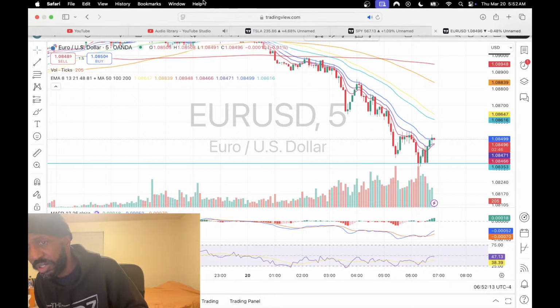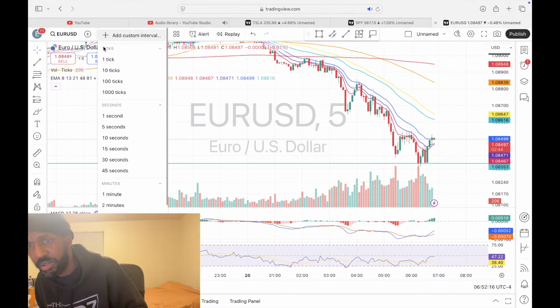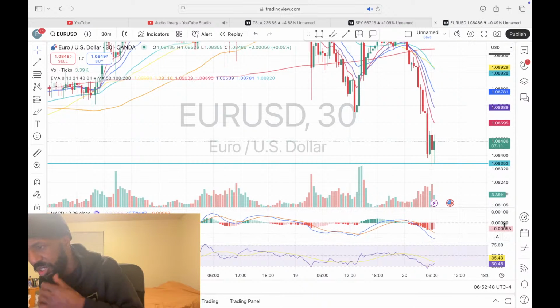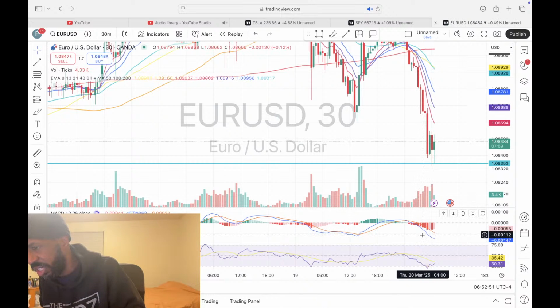Let's check a different time frame. So anytime you do a trade, you want to get some confluence, or like, more than one factor, which is gonna solidify your decision. So on the 30-minute, you see the MACD is down on the bearish side.